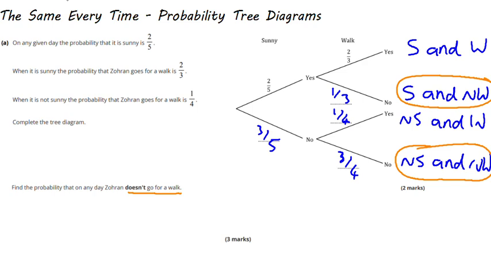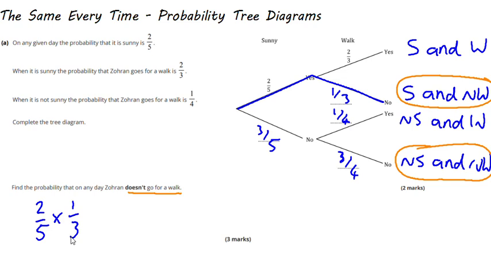And it's worth remembering this. When we're going along the tree diagram from left to right, we multiply. So sunny and not walk, I go along the sunny and then the not walk like that. So I multiply the probabilities. So 2/5 times 1/3. Remember, in probability, and translates to a multiply.